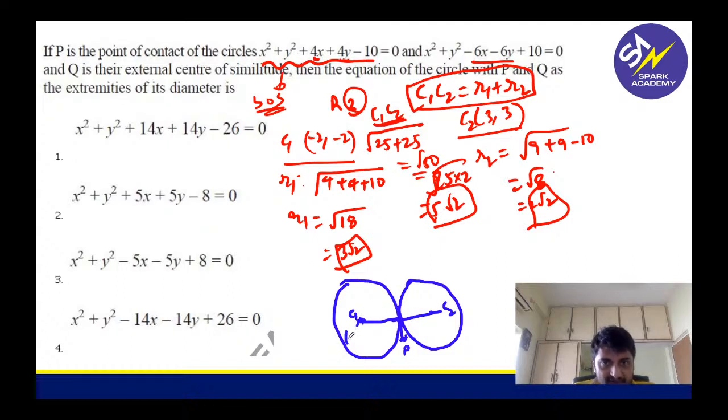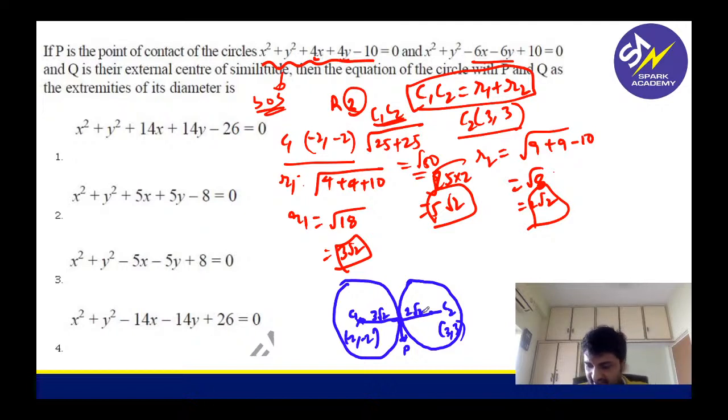So C1 I know: minus 2 comma minus 2. C2 I can write as 3 comma 3. Point of contact is what we need to find out. But we know this distance is 3 root 2 and this distance is 2 root 2. So what did he say? P is the point of contact and Q is their external center of similitude.